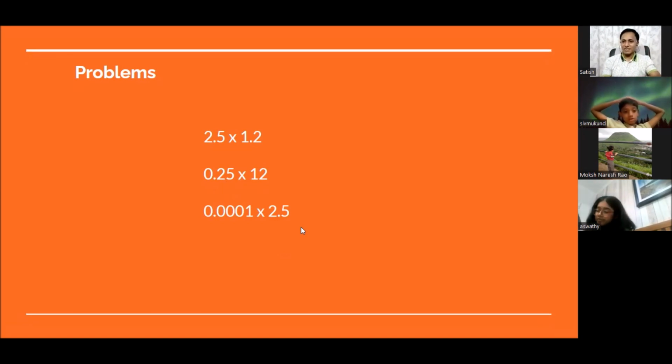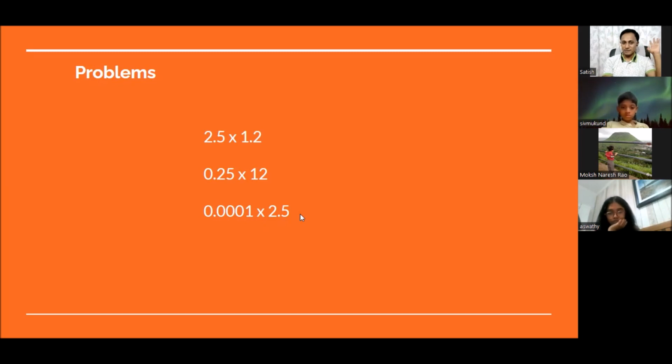So the best method is to multiply as if there is no decimal. The other method, when the numbers become complex, I told you, you will struggle. So if we give you 1.69 into 3.23, you struggle. So the best method is to multiply as if there is no decimal. So you multiply 1 into 25. You get an answer. And then count how many decimals are there. After the decimal, how many numbers are there.